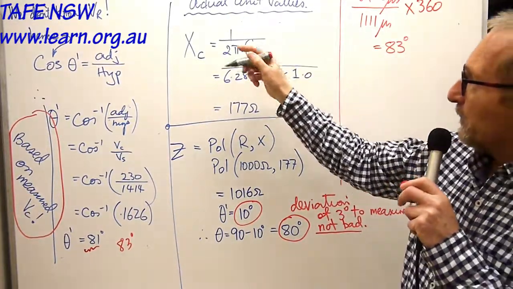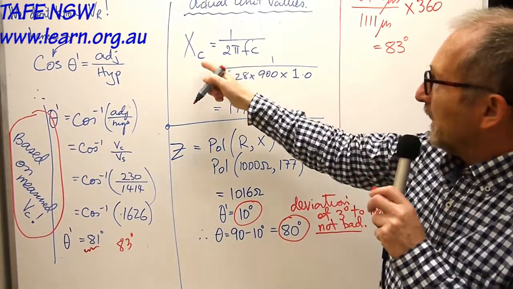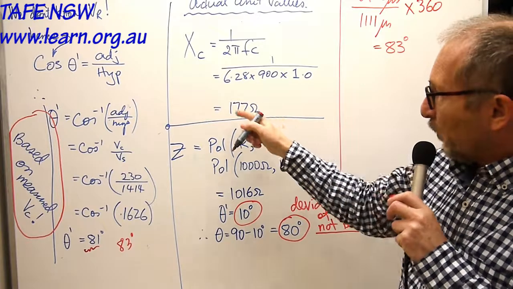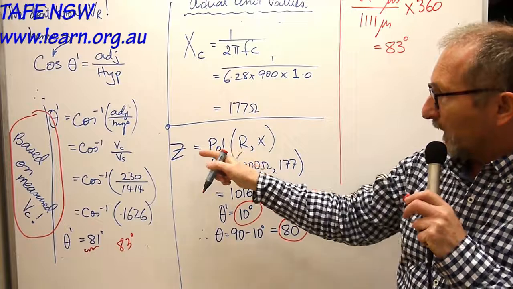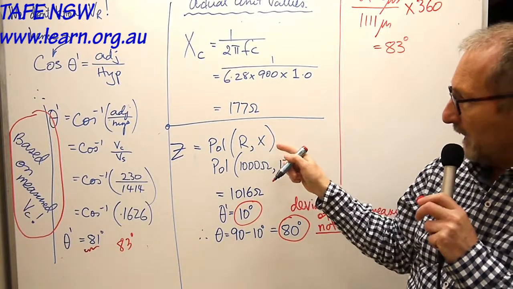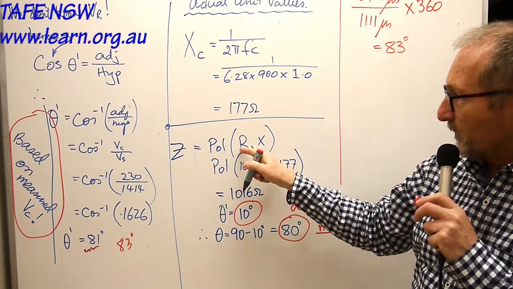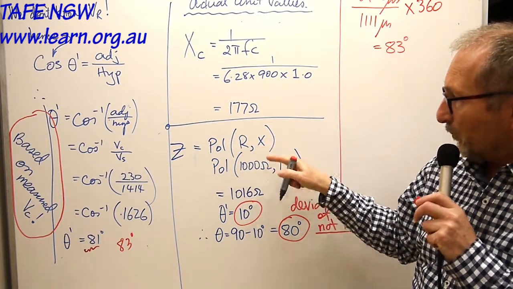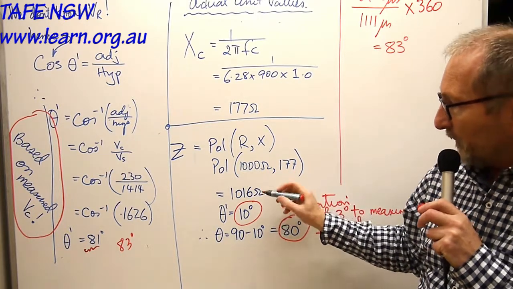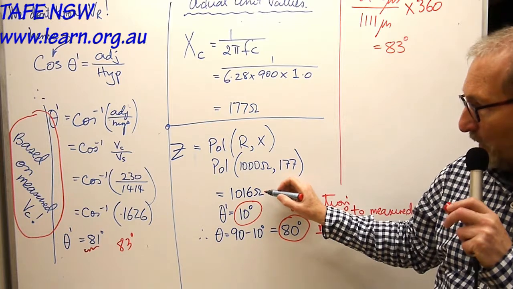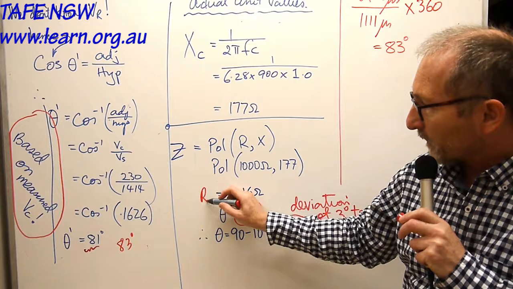Actual unit values, so if we go ahead now, use the 900 Hertz, and we measure XC, we come down at 177 ohms. We use the rectangular to polar function on the calculator, and we put in those rectangular parameters, the resistor followed by the reactance. So 1K, 177 ohms gives me an impedance of 1016 ohms, and that's the resultant.